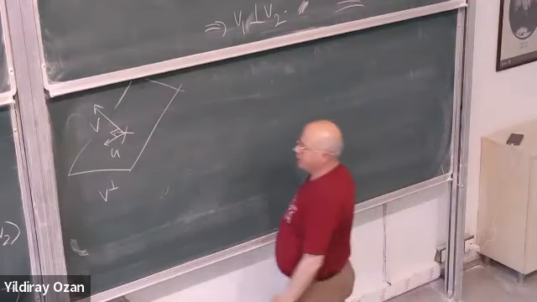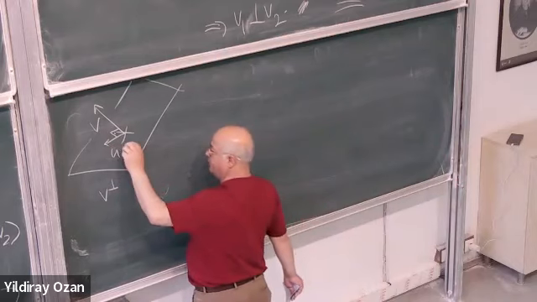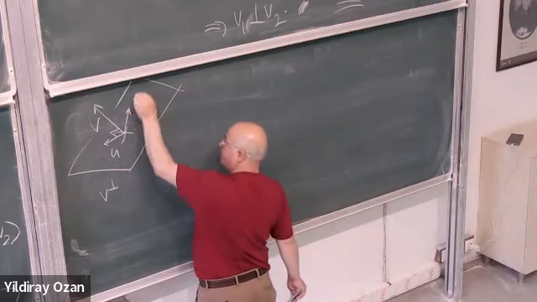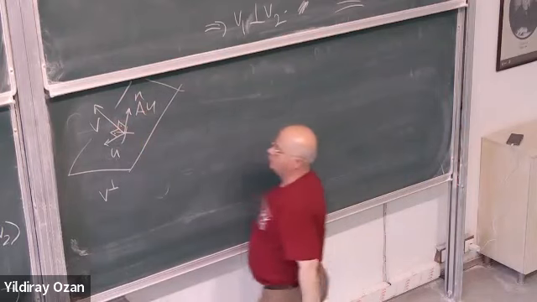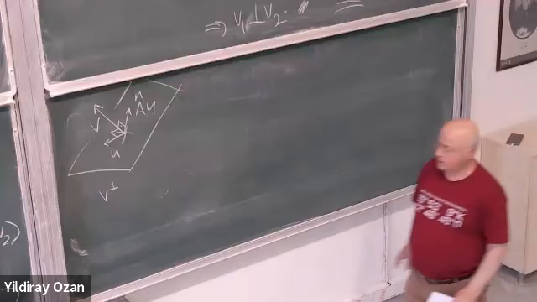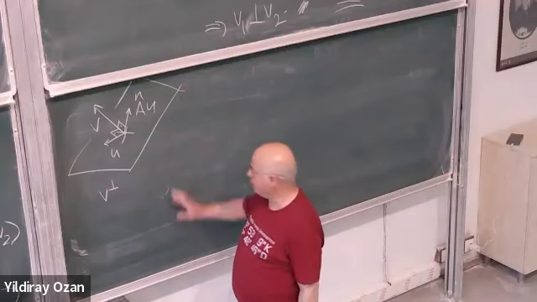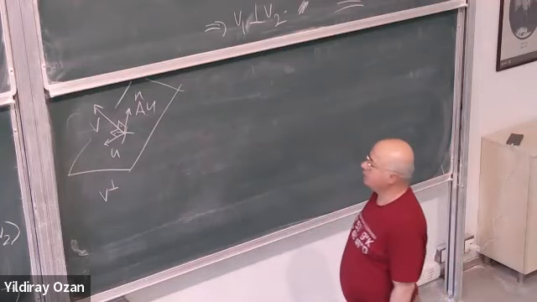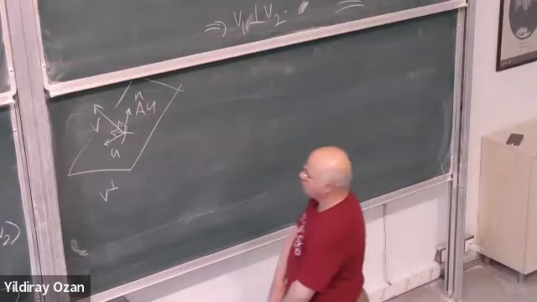What we are claiming is that if you apply A hat to this, you will get a vector like this. It will still be perpendicular to V. This is not true for an arbitrary operator, if it is not Hermitian or symmetric.